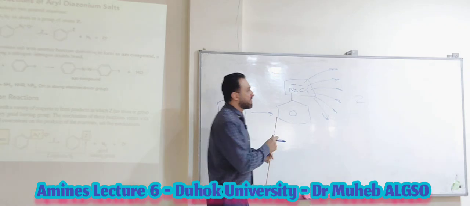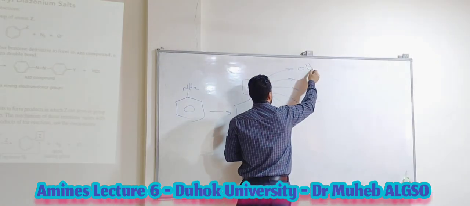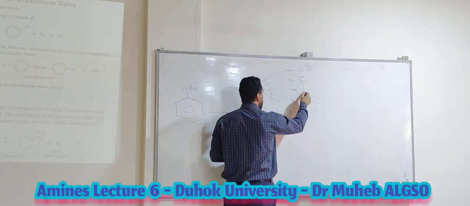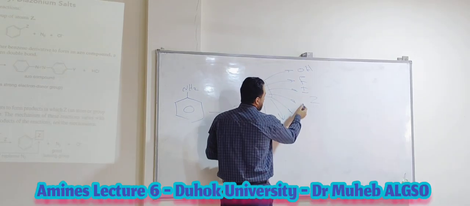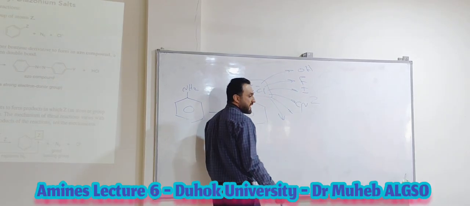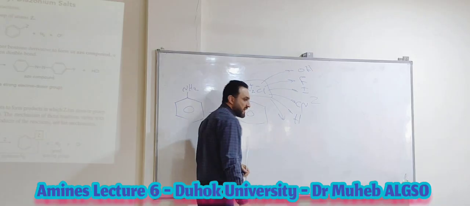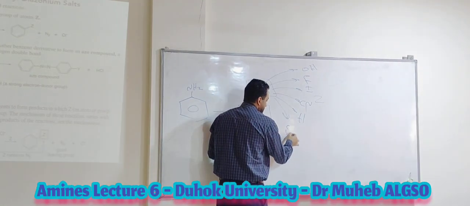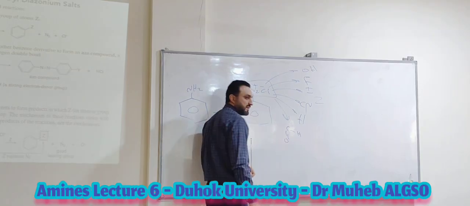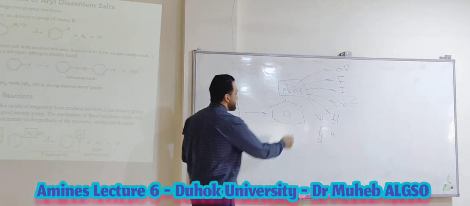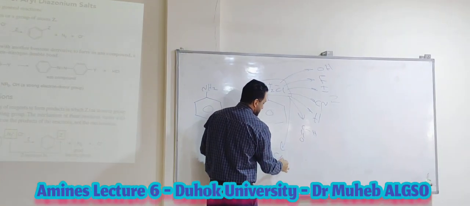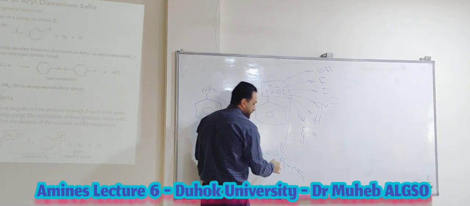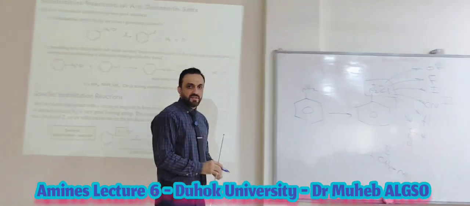It can be replaced, for example, by OH, by fluorine, by iodine, by CN, by hydrogen, by, for example, an aldehyde, and by an amine, like that, by reduction of the nitrile group.